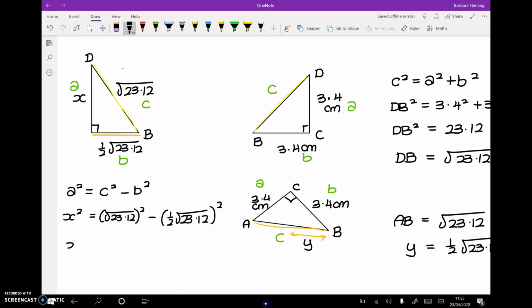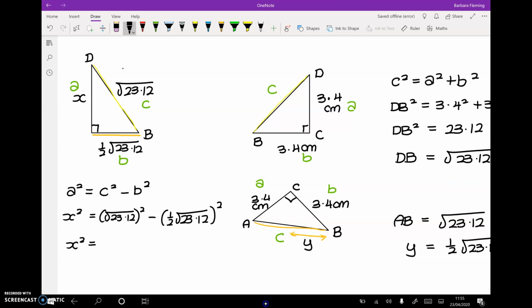Looks very messy, but we can just type it into our calculator once again. Open your bracket, square root of 23.12, close your bracket. Oh, no, go back and delete. I didn't use my arrow. So open your bracket, square root 23.12, use your arrow, close your bracket, squared.